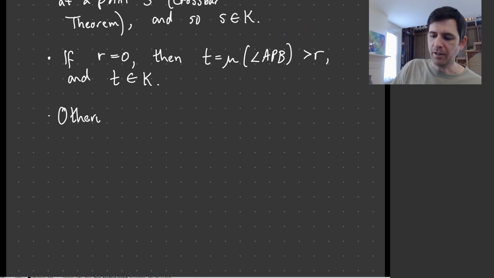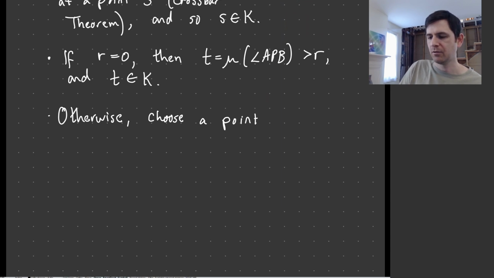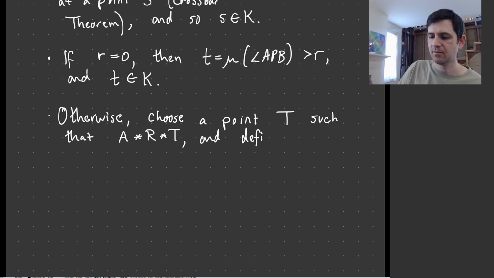Okay, so otherwise, if R is not equal to 0, choose a point T such that R is between A and T, and define lowercase t to be the measure of angle APT.